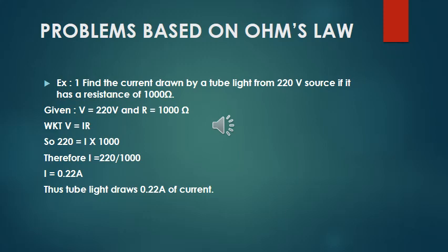Use the formula of Ohm's law, V equal to IR. V equal to 220, I is not known, into 1000. So I equal to 220 by 1000, which becomes 0.22 amperes. Ampere is the SI unit of electric current. That means the tube light draws 0.22 amperes of current.